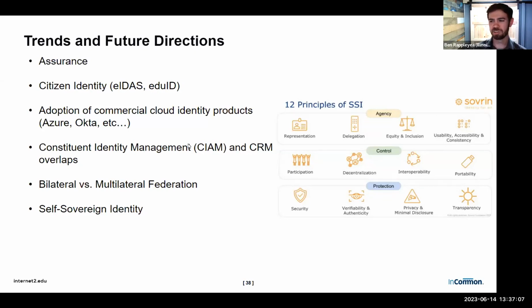Those can be challenging in their own rights because you have to work with the vendors and they are going to be targeted towards commercial entities like I was talking about before. So they're going to have to require some customization of the setup and customization of how they function.